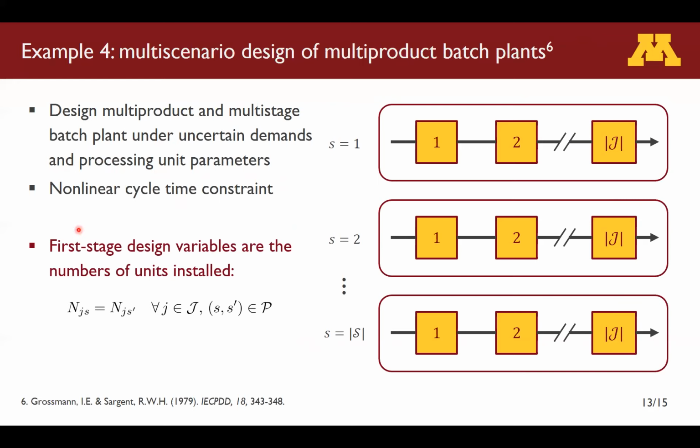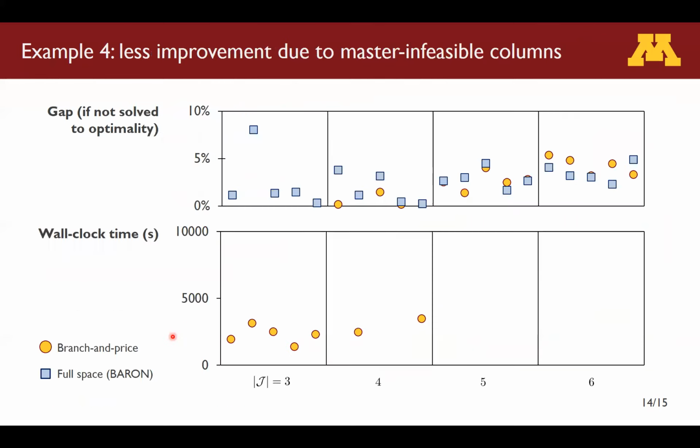So the first stage is design variables. They're integer in this case. So they are the number of units that we install for each stage j. So then in our instances that we considered, we considered different numbers of stages. And this actually had a big impact on the performance, and different numbers of scenarios.